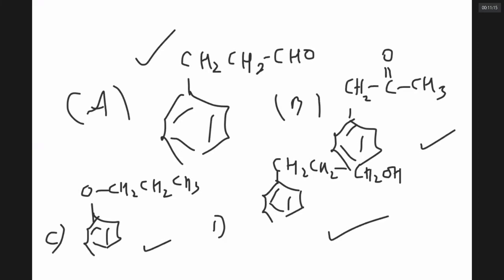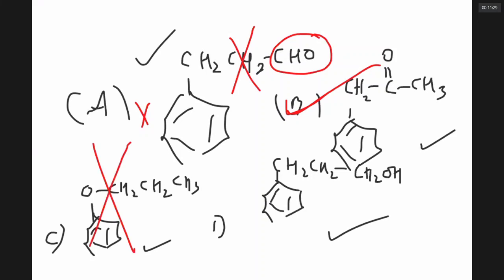Phenyl propyl ether. B can give haloform test. A cannot give because it has only 2 alpha hydrogens. It is not an alcohol or aldehyde or ketone. It is, of course, alcohol, but only 2 alpha hydrogens. So the answer is only B. B, sir. Okay.